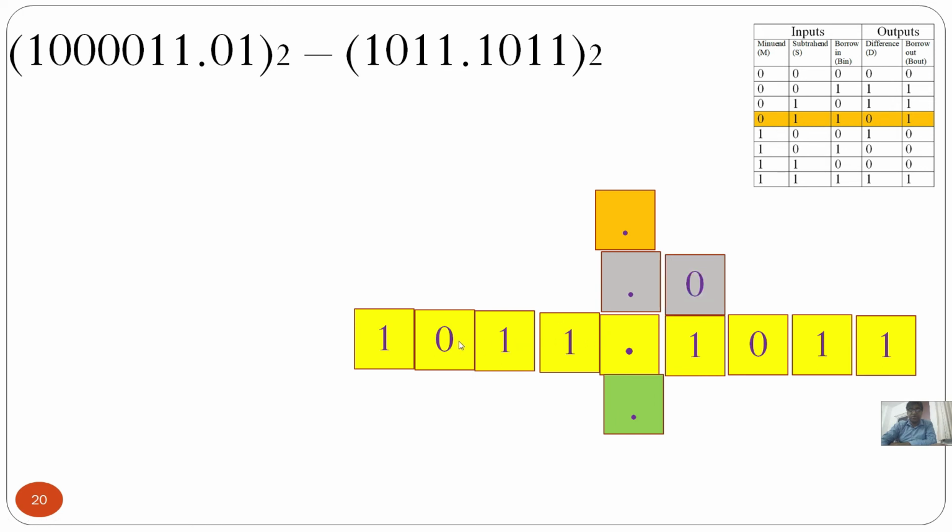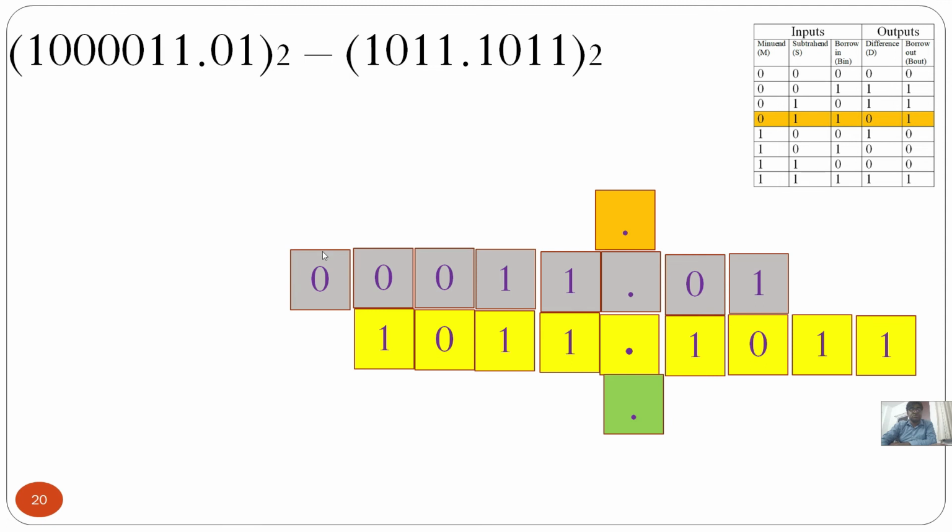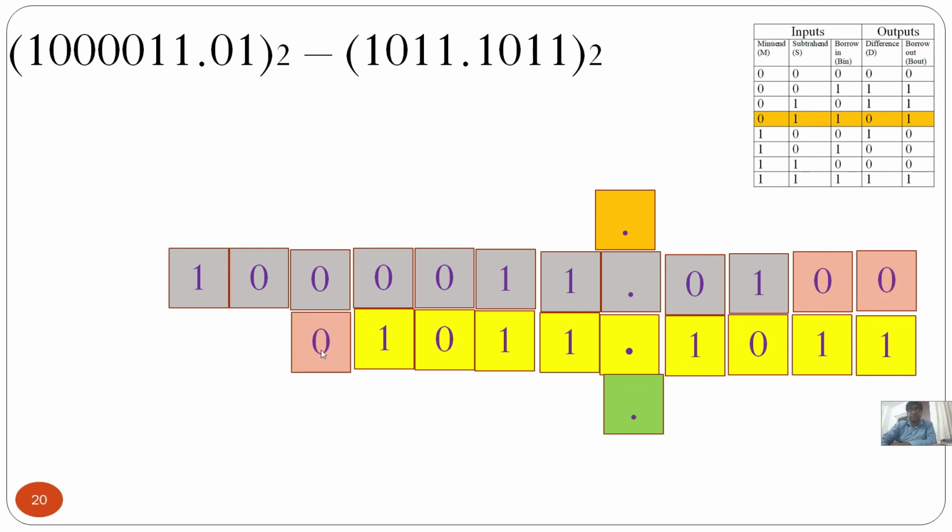So 1 1 in the same position, 1011.1011, and for this point 0, 1, and 1, 1, 0, 0, 0, 0, 1. So we have to pad 0. This is called 0 padding.